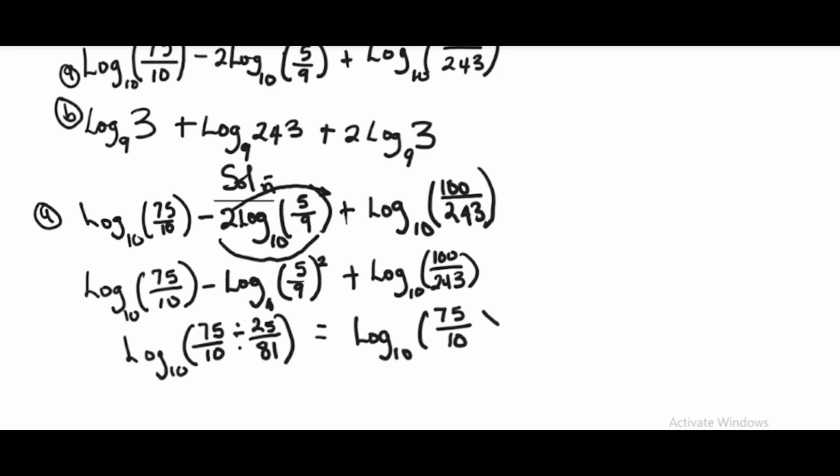If I change the division sign to multiplication, we would have 81 over 25. So 25 into 75 will give us 3. Nothing else can cancel out, so 3 times 1 is 3, and 3 times 8 is 24, in base 10, over 10.